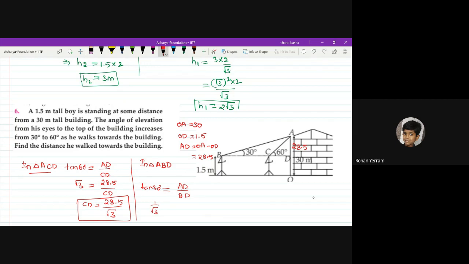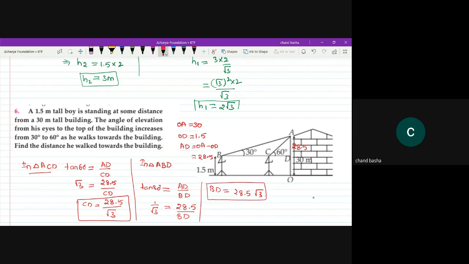Yes, 1 divided by root 3. AD value is 28.5 divided by BD, we can take as it is. From this, BD is equal to, this will be on the right hand side, 28.5 root 3. Clear? This is the BD value.